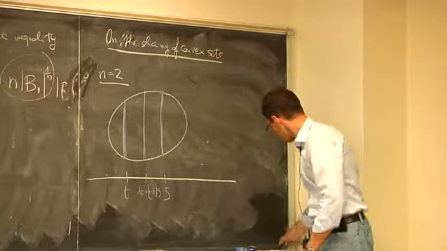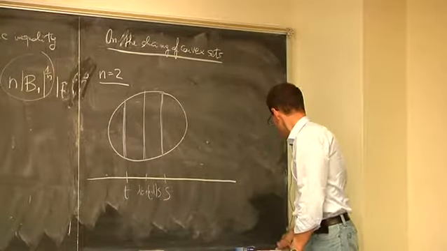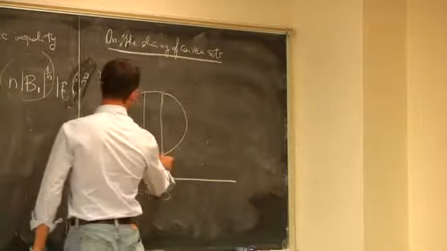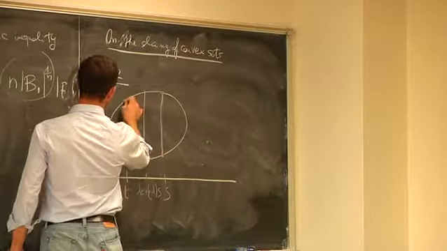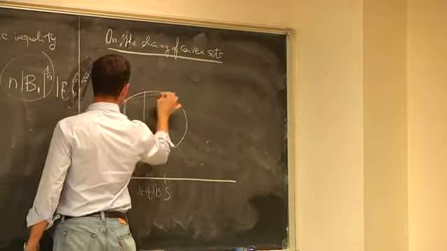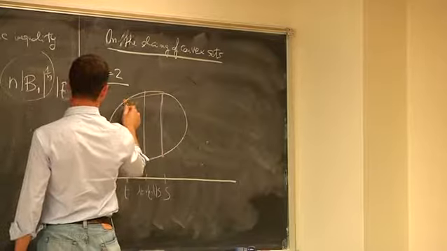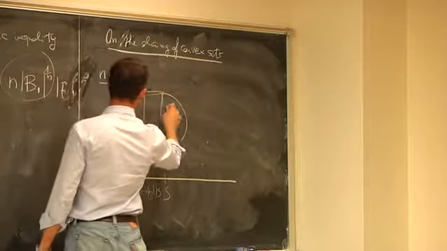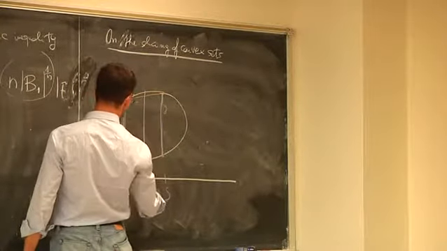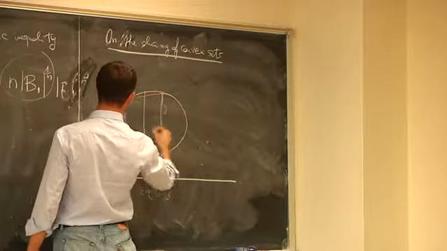So you see, in this case, if you take the point here and the point here, you do the convex combination: every point x here, every point y here, and you do lambda x plus 1 minus lambda y.